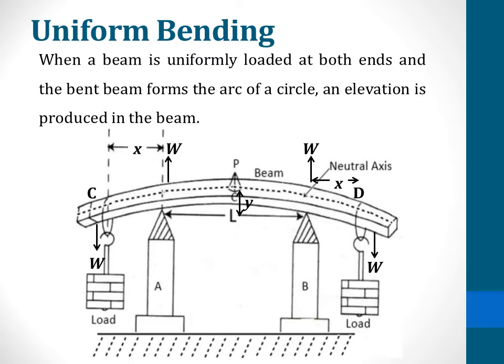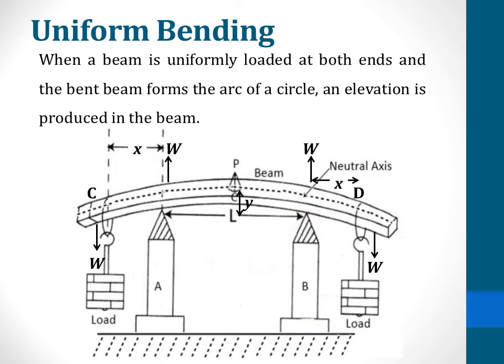Consider a beam of negligible mass symmetrically supported at the two knife edges at A as well as at B. L is the length of the beam supported between the two knife edges.